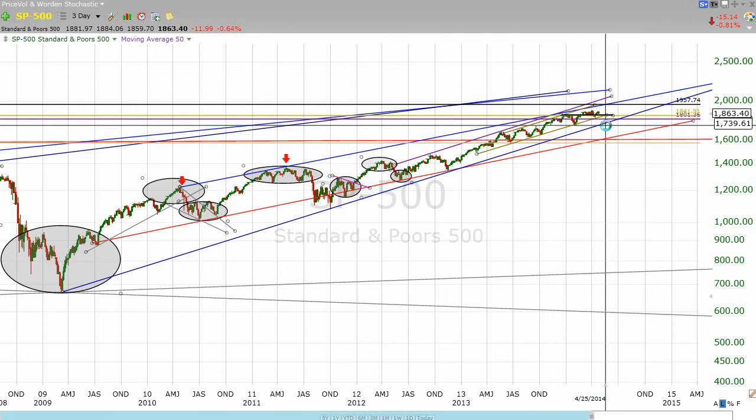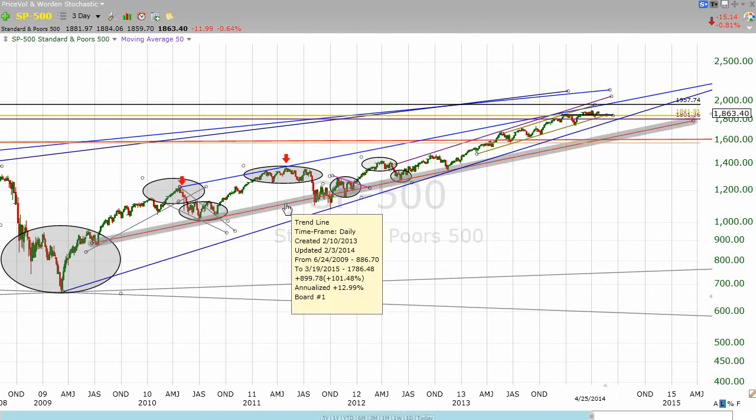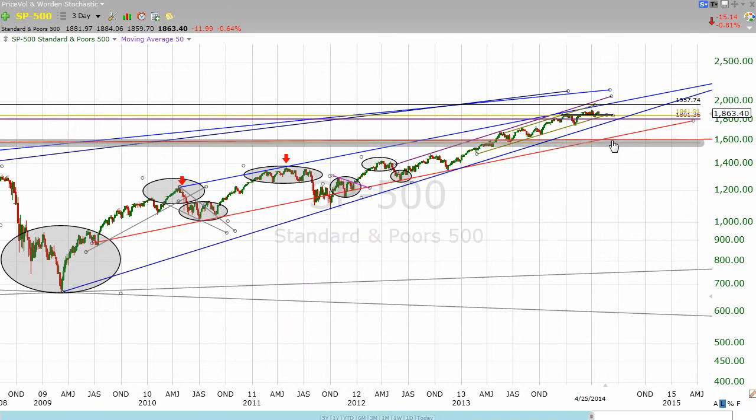And that, again, is right at about that level, 1739, 1738, that I'm pointing to right here. So this is an important support line. This line right here could save us too. So that's why I'm saying, really, you don't say the wheels have come off for sure, I don't think, until we're under this red line right here, which is at about 1600.